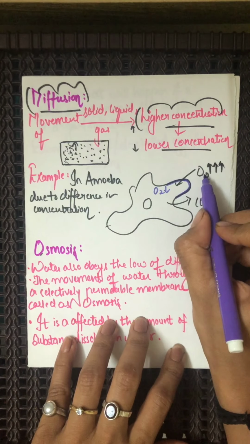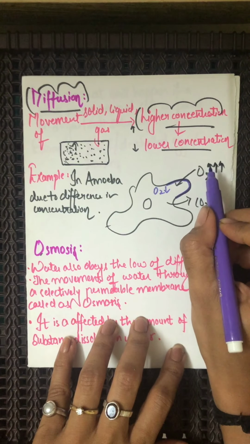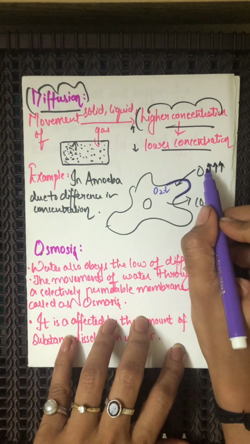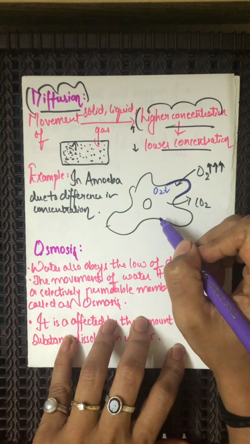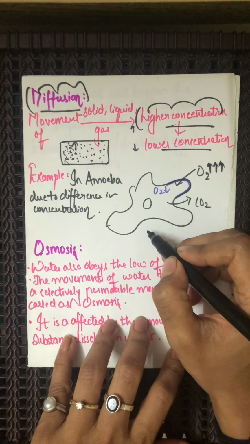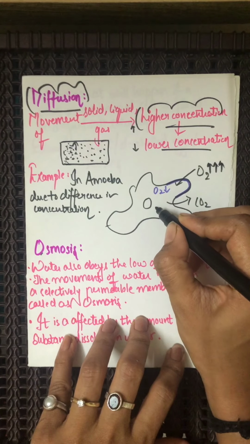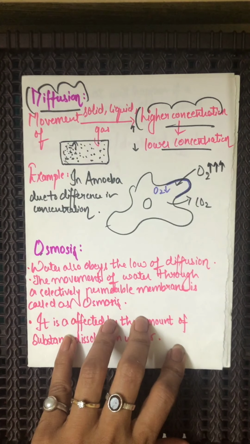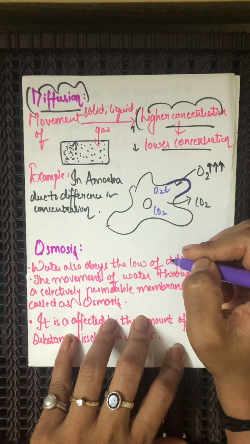That is, the molecules of oxygen will travel from the region of higher concentration to the region where it is less in amount. Now similarly, the amoeba does the process of digestion, breaking down the food, and therefore it is releasing CO2.